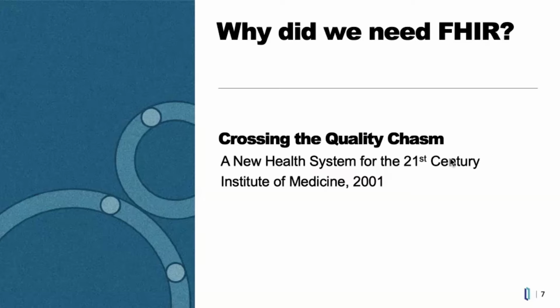One of the startling things they concluded in that book was that there are over 100,000 deaths a year in the United States due to medical errors. A lot of people didn't believe that and pushed back on it, but in the years since then, it's become apparent that it was probably a significant underestimate.